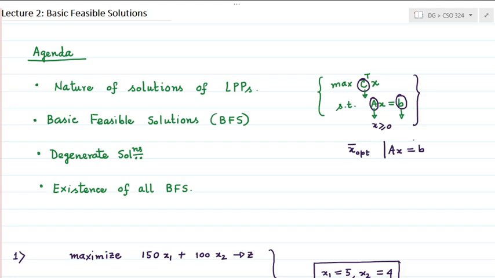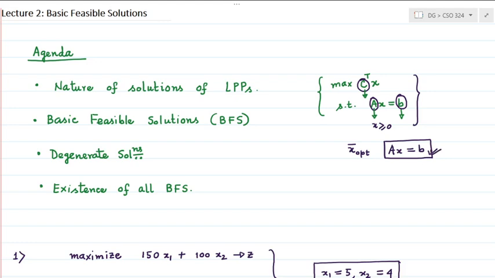And therefore, in identifying an effective method to find the solution of a linear programming problem, we have to find some effective way to find a solution of this system of linear equalities.